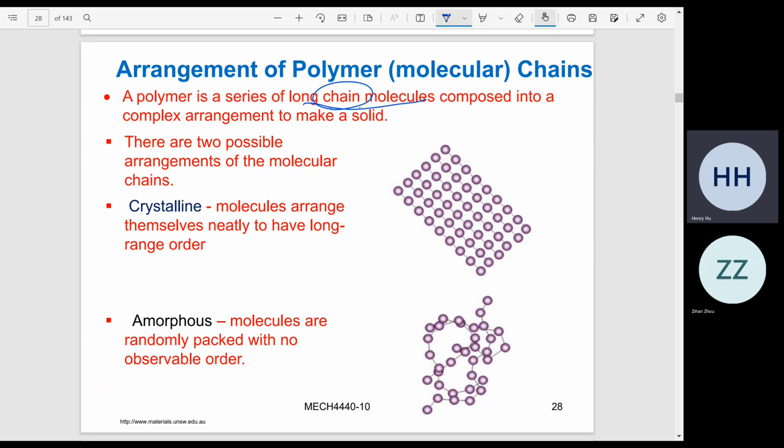So you can arrange those chains in some kind of order, and we call this type of polymer a crystalline polymer. If you just mix them up randomly and throw them on the table or whatever, then this type of polymer we call the amorphous polymer, okay.